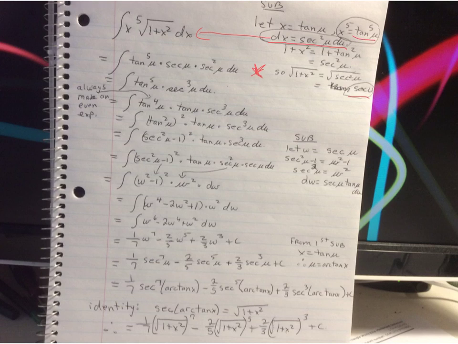Generally with trig, if you've got exponents on a trig function for an antiderivative, the general rule of thumb is you want to get it down to an even exponent. So with the tan to the 5, I've changed it to tan to the 4, and that takes out a tan, and then I've got the secant cubed.